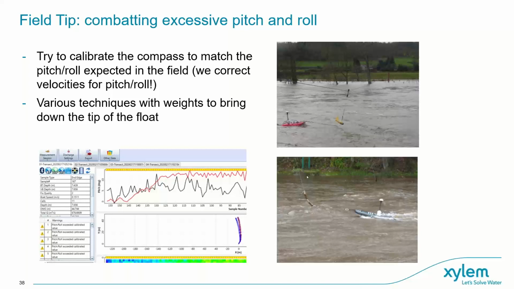Now, as I mentioned before, we're looking at 5 degrees pitch or under as the ideal situation. And once we start pitching a lot more than that, these assumptions that we make when we calculate velocity actually start to break down. So it's just something to be aware of, and we know that it's not always easy to prevent this, but something that you should consider when you're in the field taking, especially a flooding measurement.